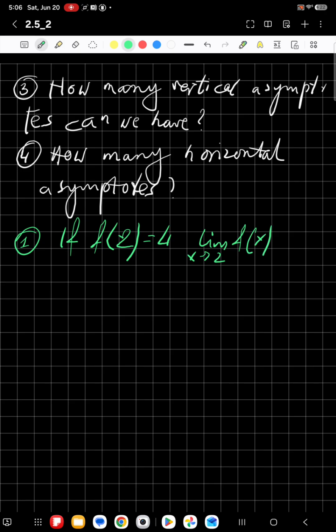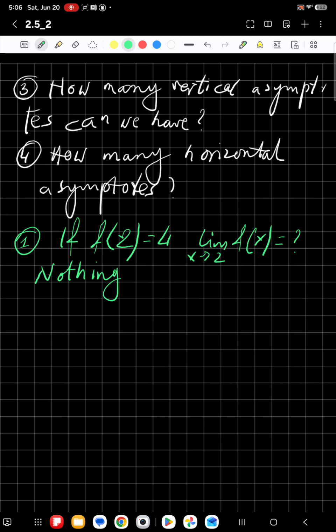Do we know what that limit is? Well, the answer is no, we don't know. So the question is, what do we know about the limit? Well, we know nothing. So the answer is nothing.